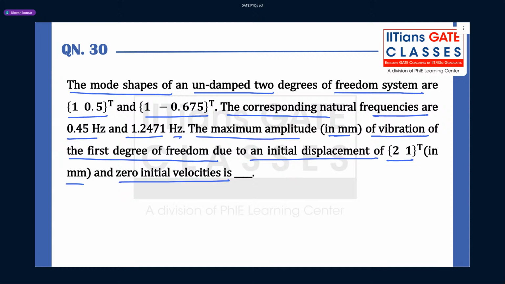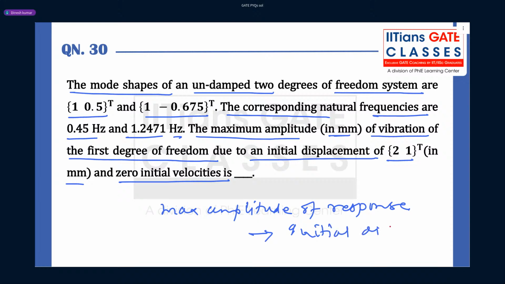and zero initial velocities. So guys, for any free vibration, what is the maximum amplitude equal to? Can anybody tell? For any case of free vibration, the maximum amplitude of response will always be equal to the initial displacement.